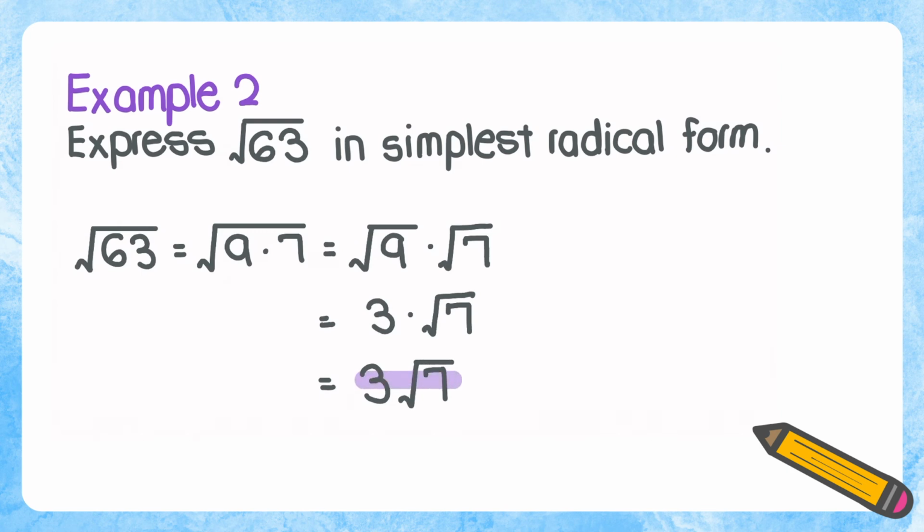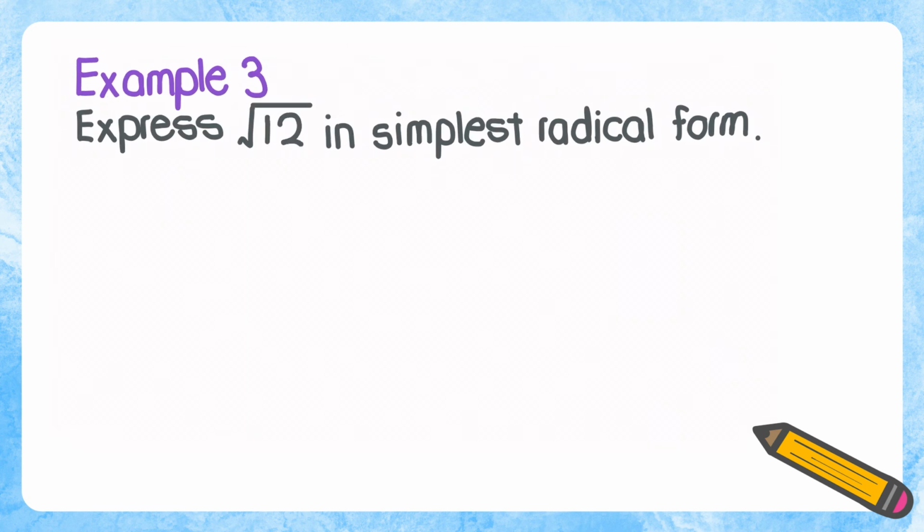Let's look at one more quick example. We're going to express the square root of 12 in simplest radical form. So here we're going to focus on the radicand, which is 12. And I think, what is the biggest perfect square that divides into 12? 9 doesn't work, but 4 does.